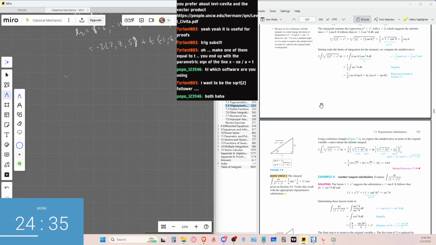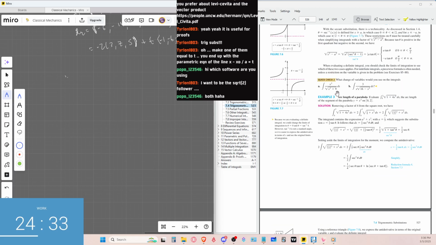Okay, so this one, what is this one? From 2 to, okay, yeah, so we need this. I want to actually see what happens. Integrate, contains the expressions, right?